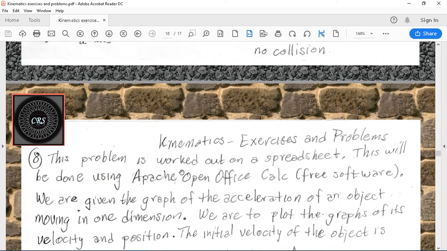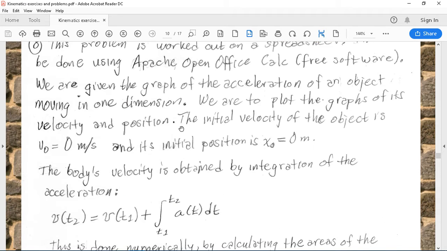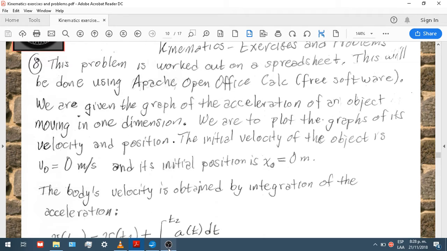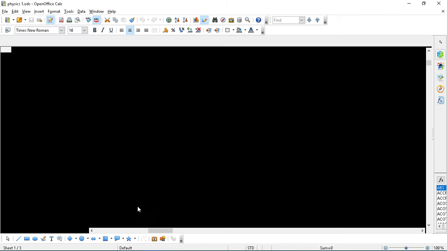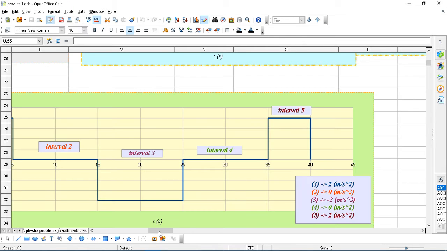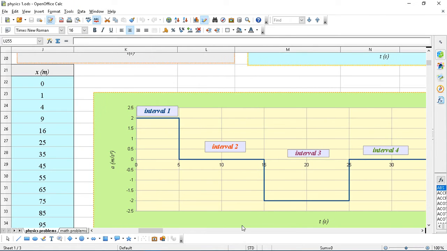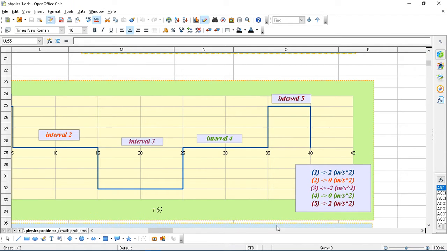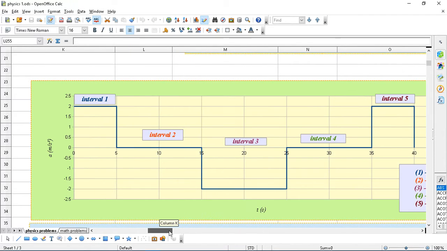Okay, so now let's start with problem 8. In problem 8, we are given this type of acceleration for a moving particle. We have 5 intervals of time from 0 to 40 seconds.